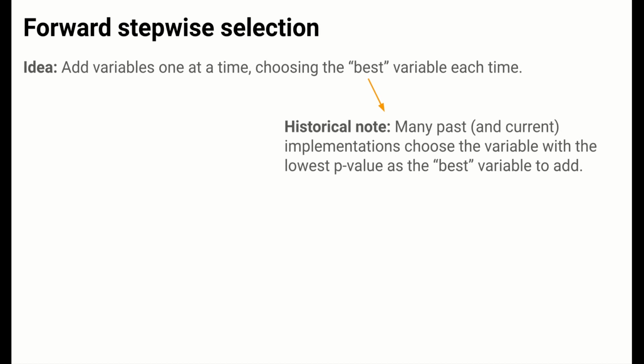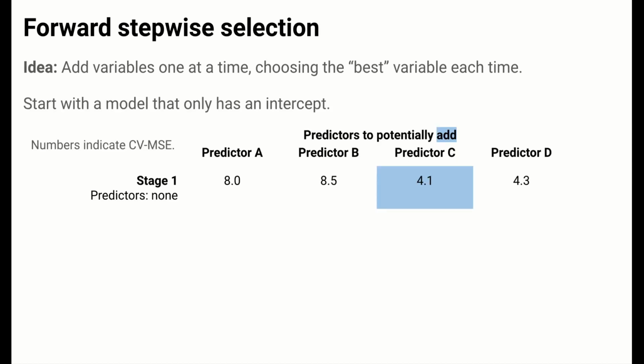This approach is problematic for a number of reasons, which we'll discuss towards the end of the video. But in our discussions, we are going to use cross-validated estimates of test error, which work better than selection based on p-values. So let's step through the forward selection process.